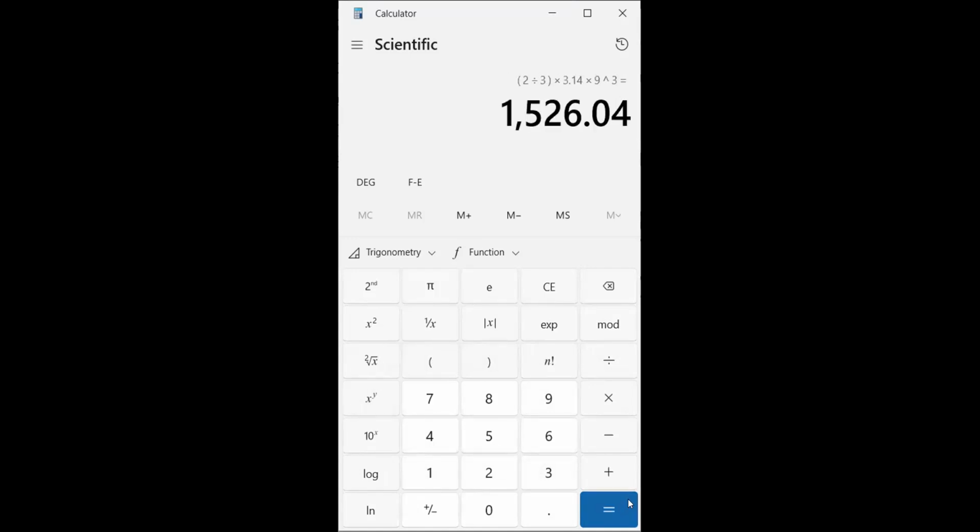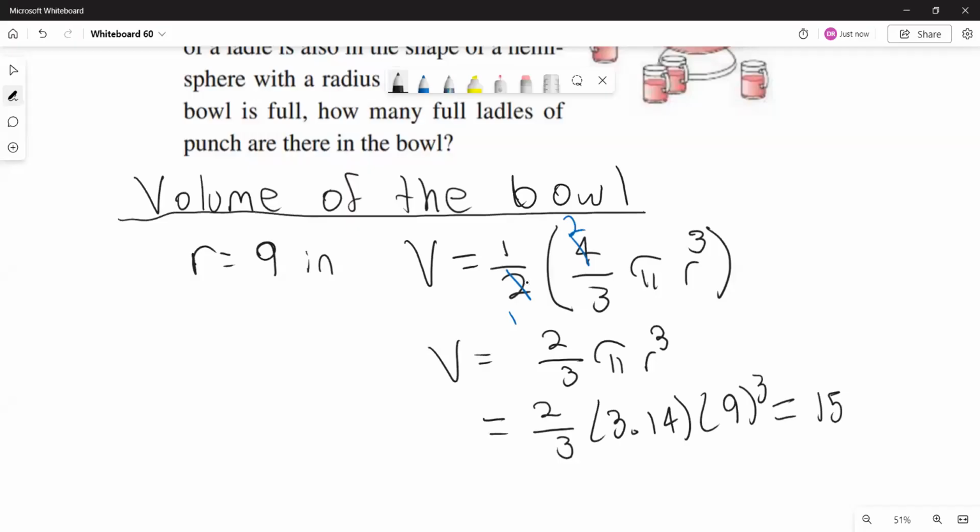And that's 1526.04. That's in cubic inches.